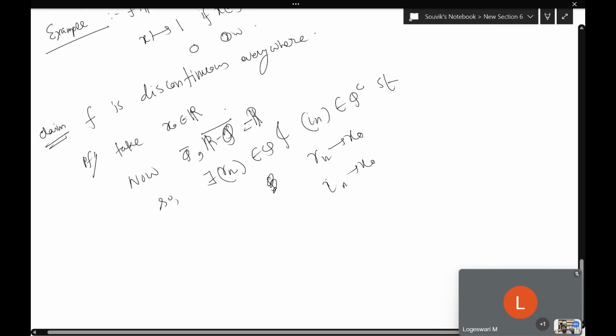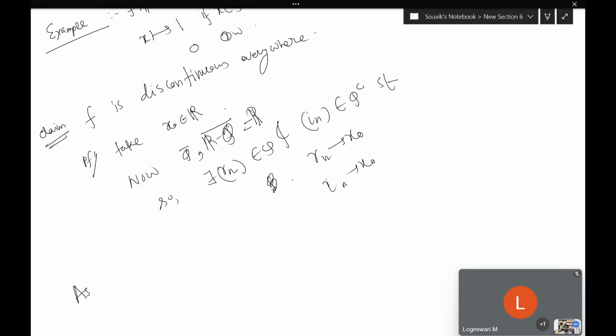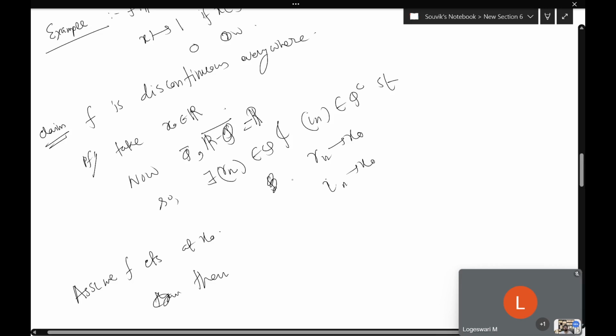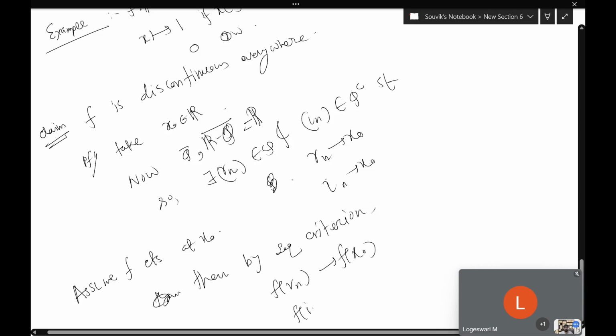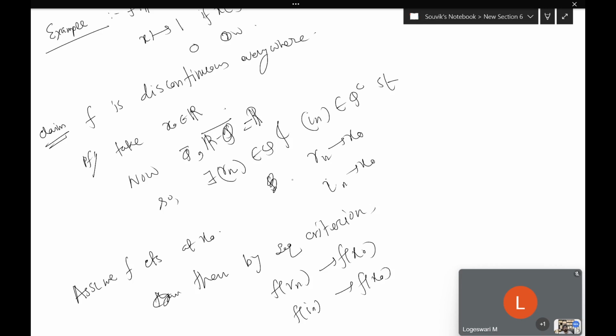Now, if we assume that the function is continuous at x naught, then by the sequential criterion f(r_n) should go to f(x naught), and also f(i_n) should go to f(x naught). But since r_n are all rational, f(r_n) is equal to 1, and f(i_n) is equal to 0.